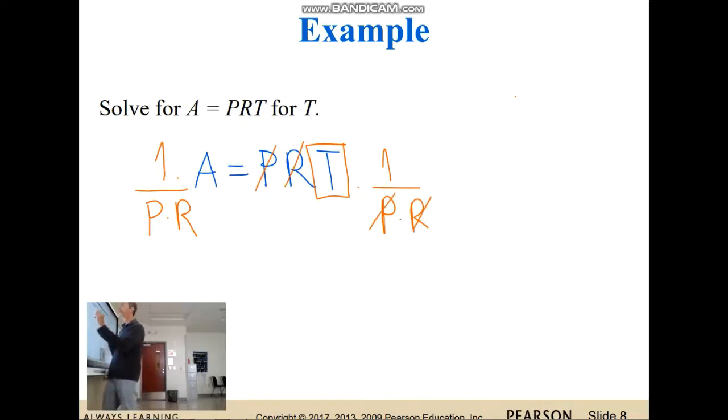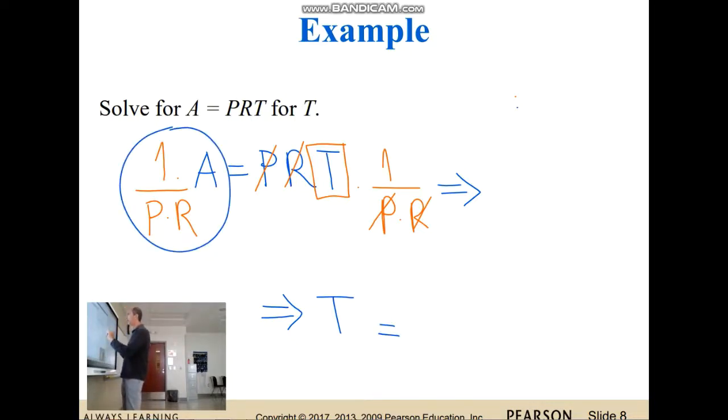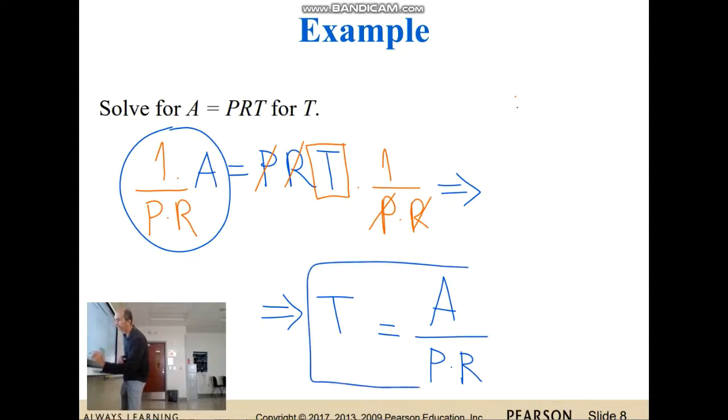And then we can switch sides as well, it doesn't matter, you can write T equals 1 times A over P times R in the denominator. Okay.